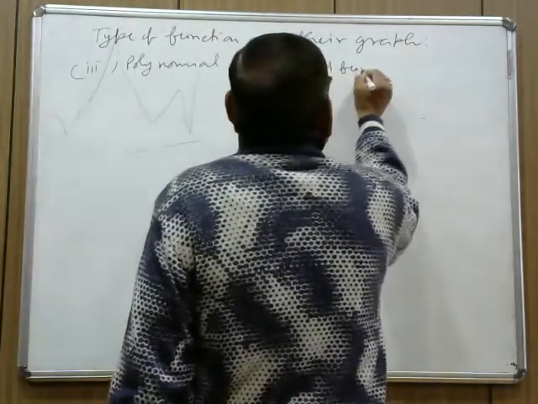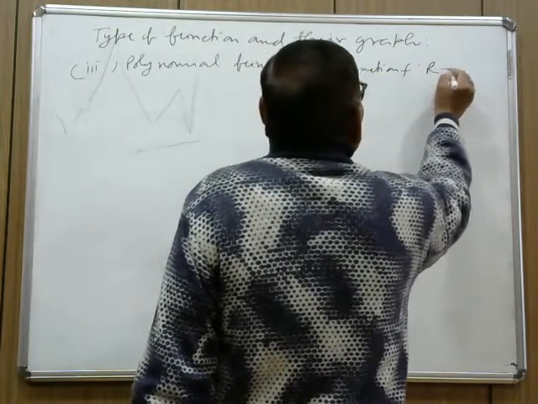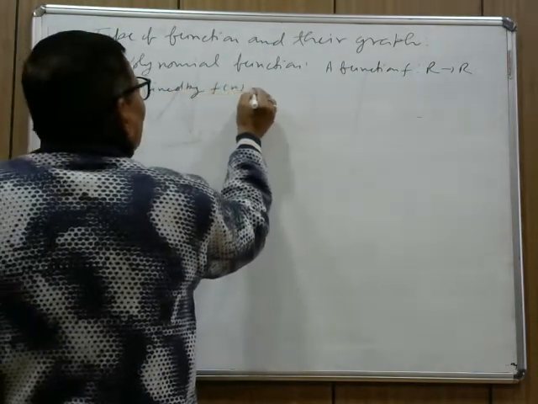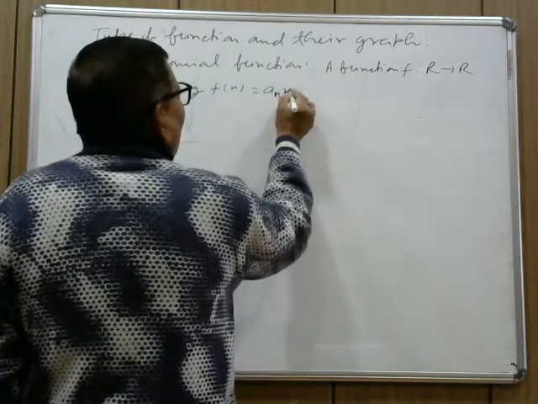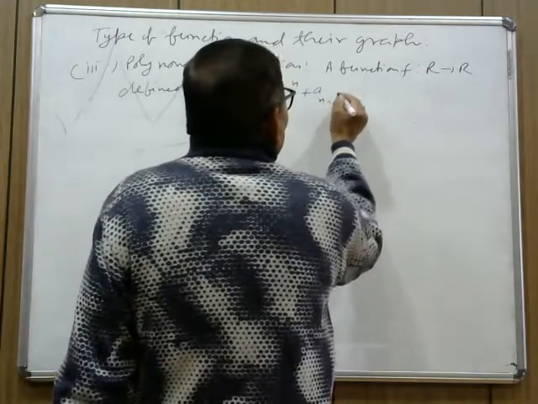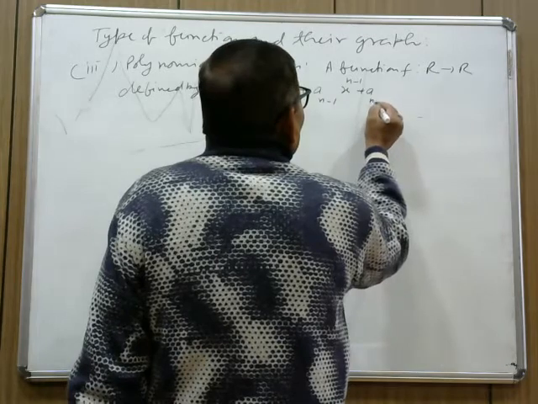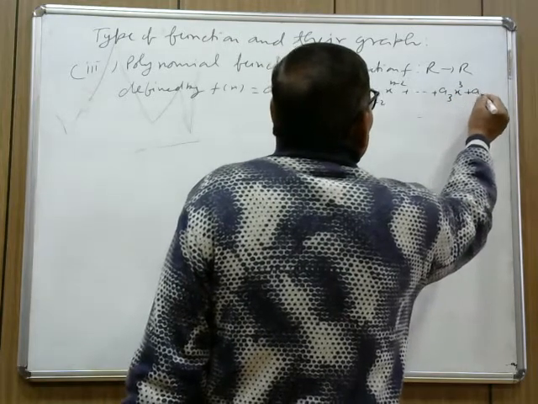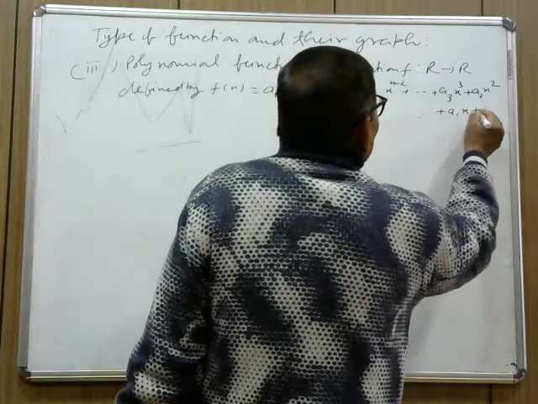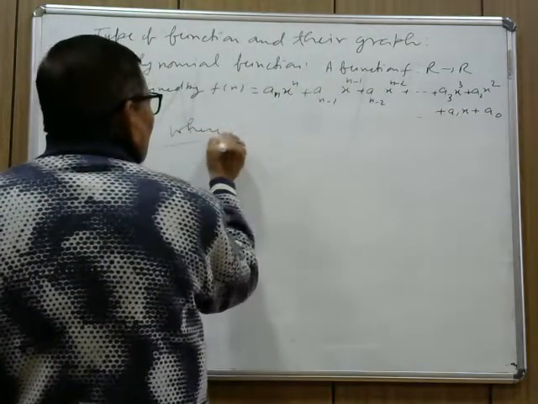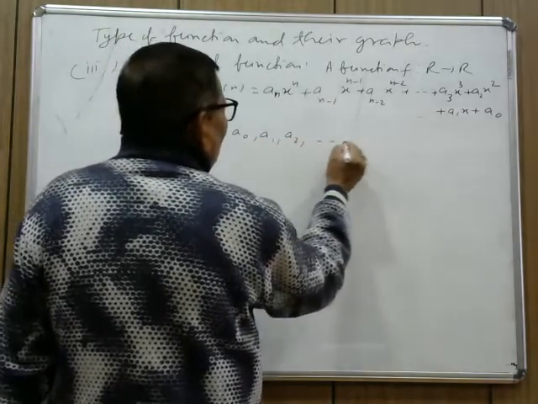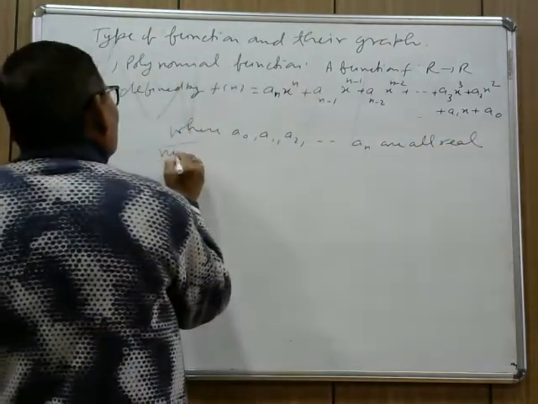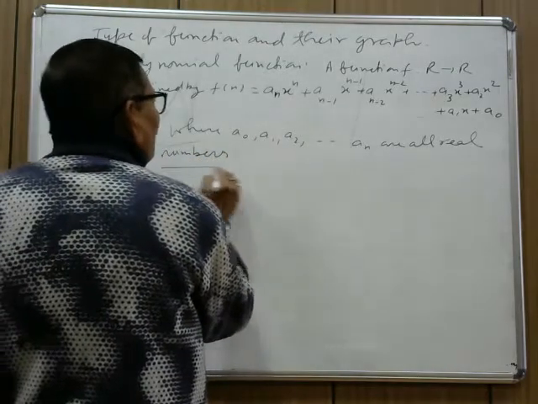A function f such that R to R defined by f(x) is equal to a_n x to the power n plus a_(n-1) x to the power n minus 1 plus a_(n-2) x to the power n minus 2 plus and so on plus a_3 x cube plus a_2 x square plus a_1 x plus a_0, where a_0, a_1, a_2 and so on, a_n are all real numbers. So this is called a polynomial function.